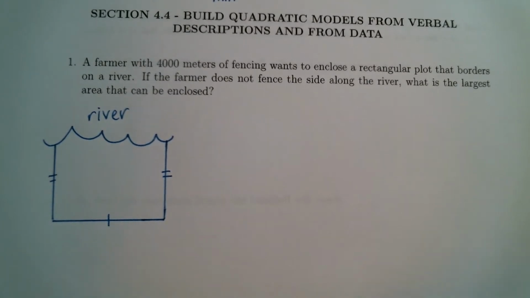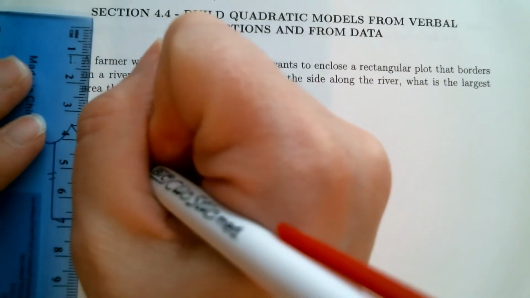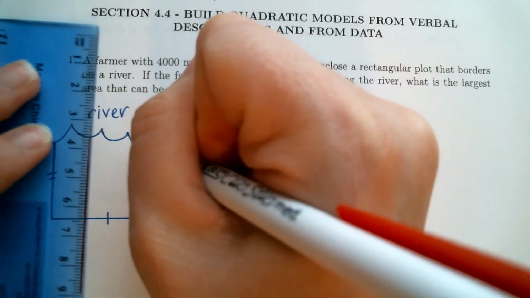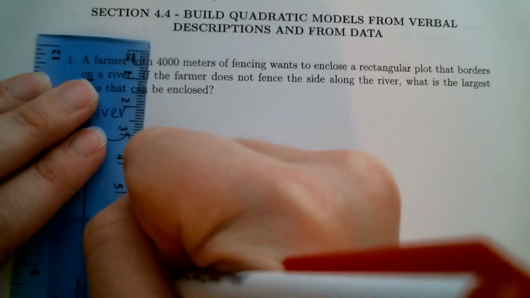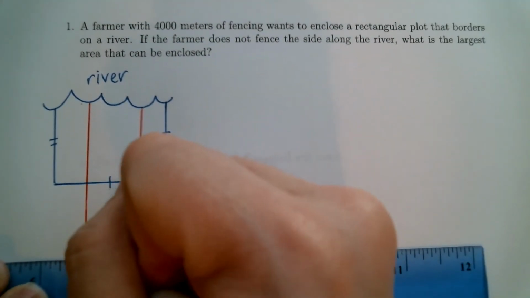But again, whatever these dimensions are, how do we know that this is going to give us the maximum area? Maybe he should do something long and narrow like this. So this is another way he could construct it. Maybe it should be a little longer this way, and a little shorter this way.